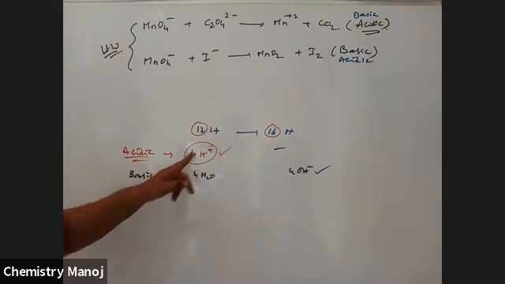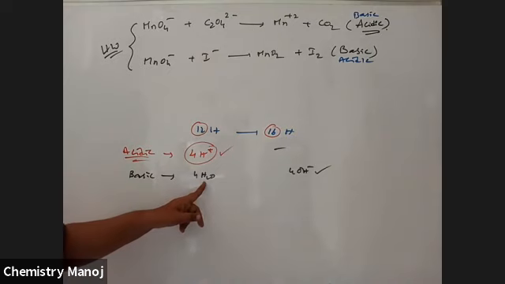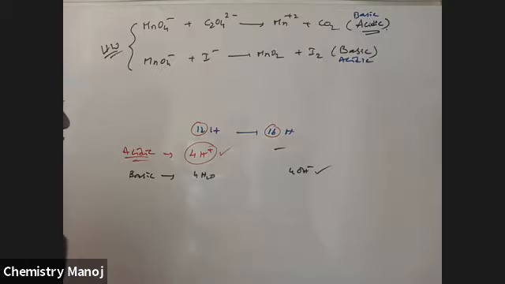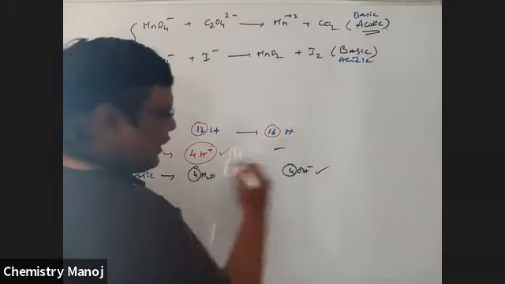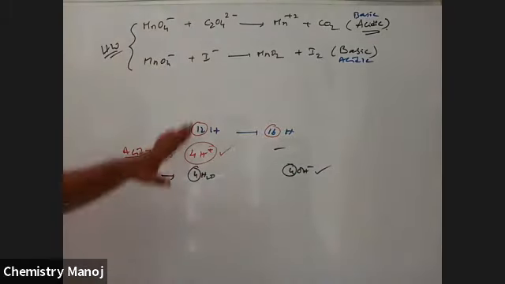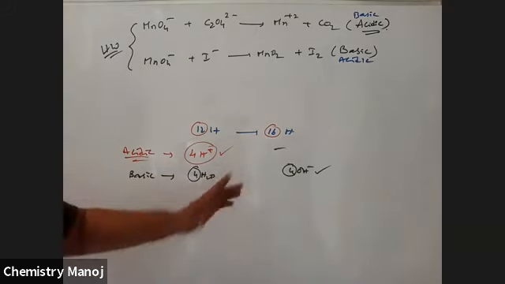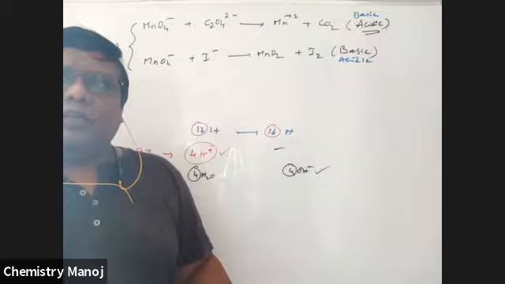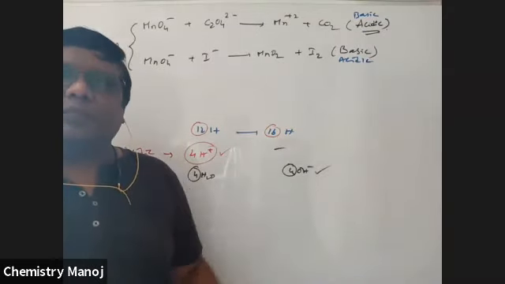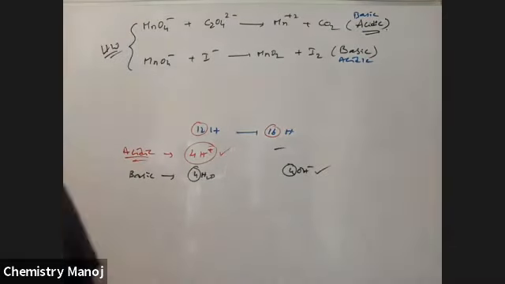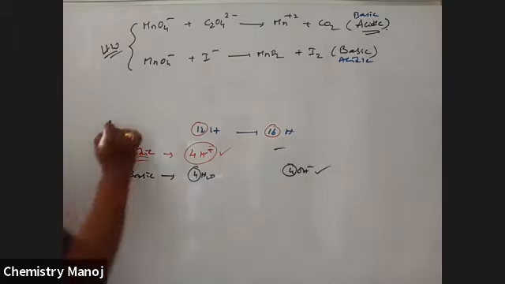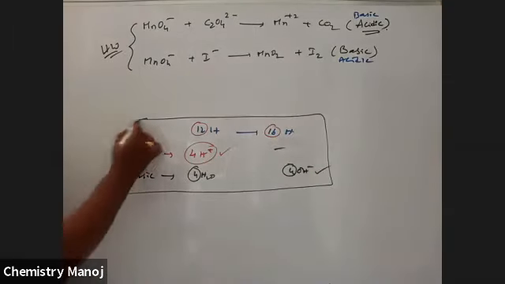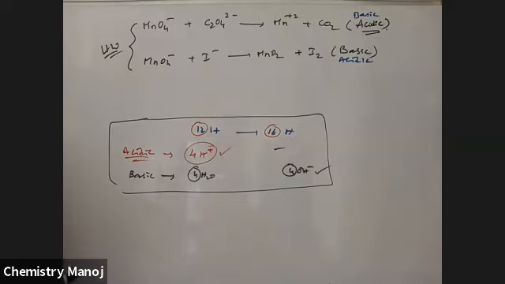But in basic medium, add water molecules equal to the shortage, and then add the same number of OH minus on the other side. This is the only difference between acidic medium and basic medium. All other concepts are the same. So please take it as a reference.